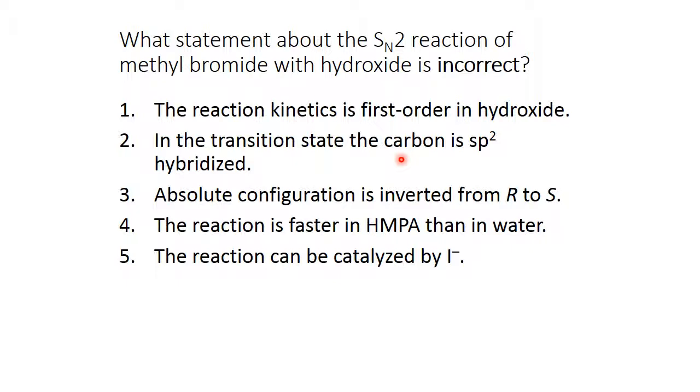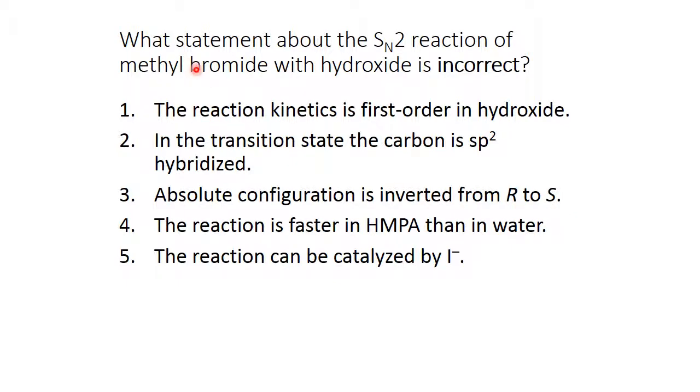And so we can look at the transition state and say, since the bond to the nucleophile has not yet formed, and the bond to the leaving group is breaking, the carbon can be thought of as having a delta positive on it. We consider the carbon to be essentially sp2 hybridized in that transition state. That was a hard one.